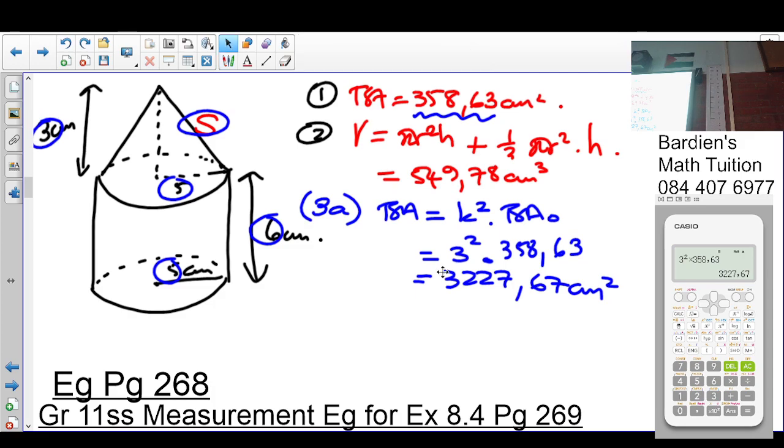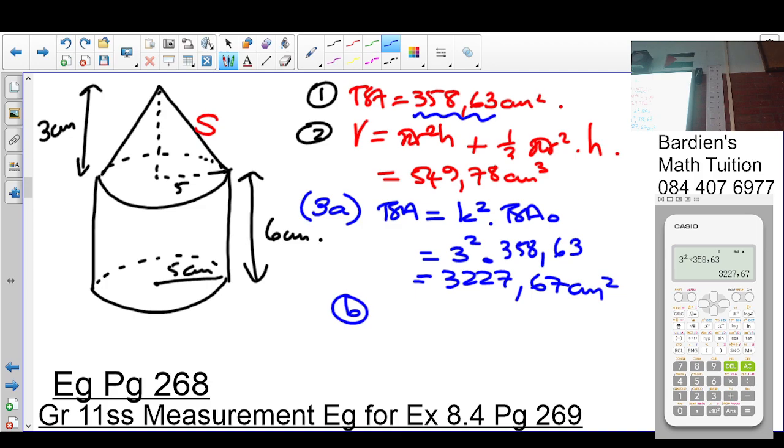Right, and then the next one says, calculate the volume of the new figure. How do you calculate the volume? How many dimensions? 3 dimensions. So the volume is equal to K cubed times the original volume. What is K in this case? 3.